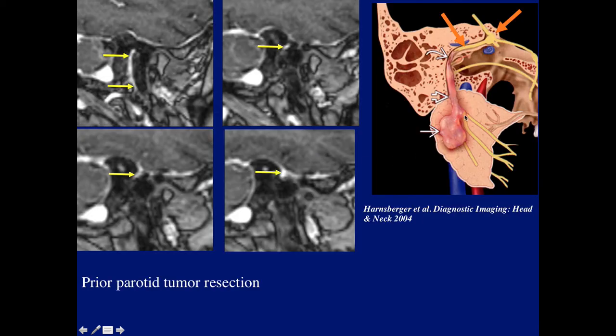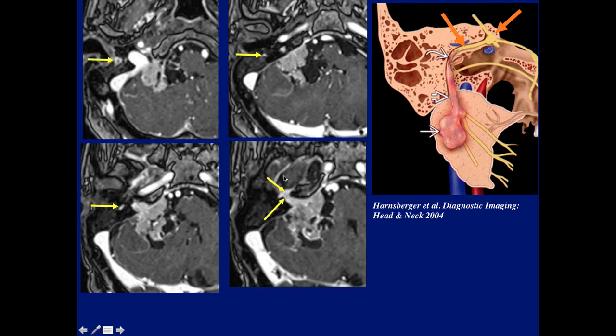Even though this diagram is in the coronal plane, here's the same patient in the sagittal plane. Again, look at the enlarged, thick, and enhancing mastoid segment. Here's again the bend, moving up towards the geniculate ganglion. And on the axial plane, notice this is low down.